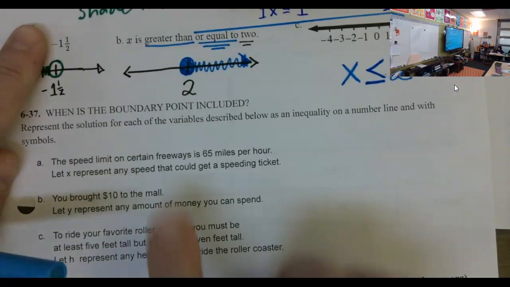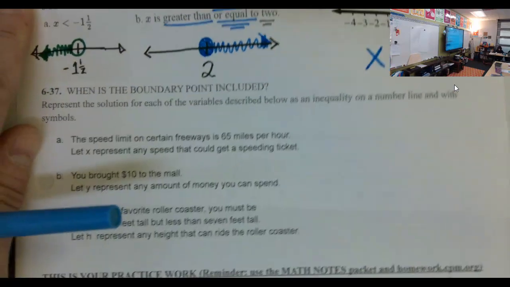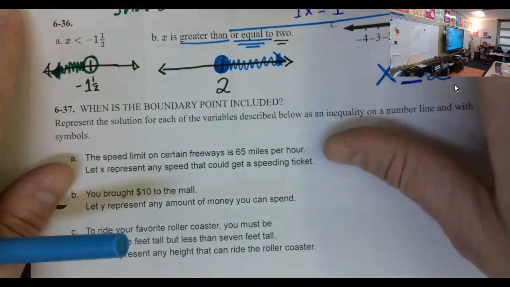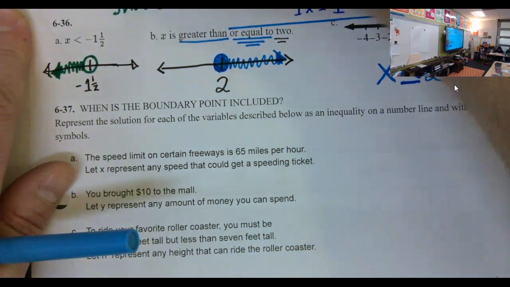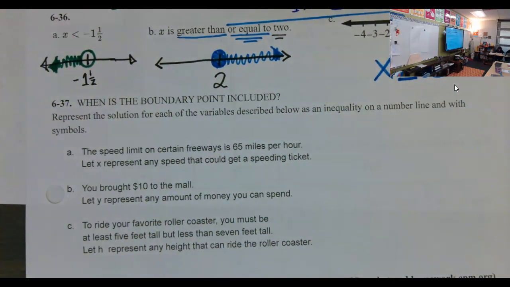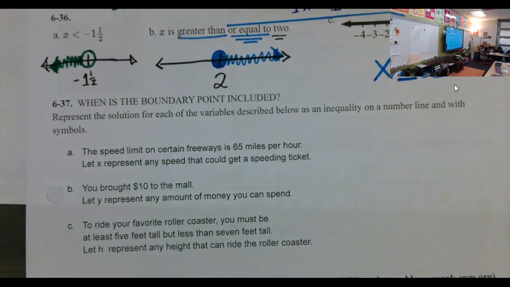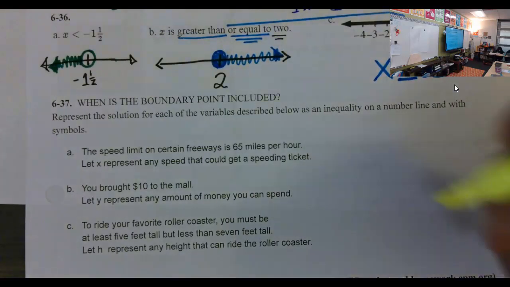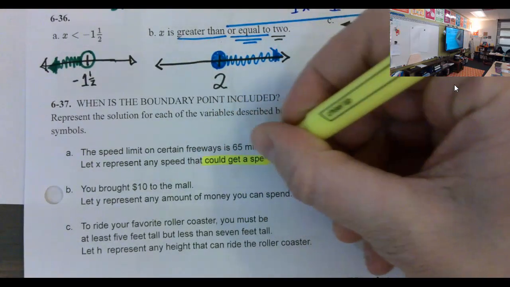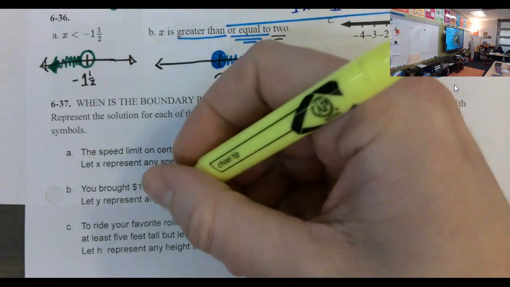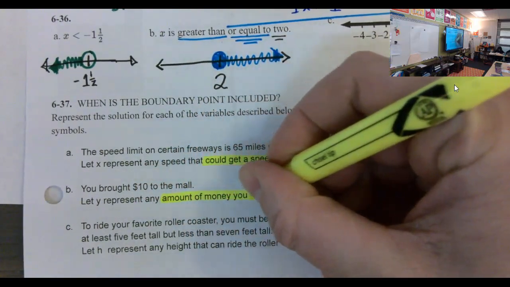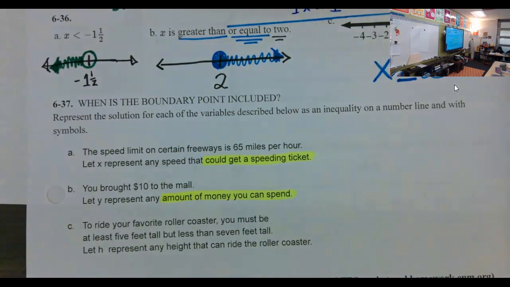I want you to conceptualize what these three different situations are and how we would show them graphically. So like the number lines we've been doing. So in the first one, a speed that could get you a ticket. Could get you a ticket is what we're shading. In the second one, amount of money you can spend.